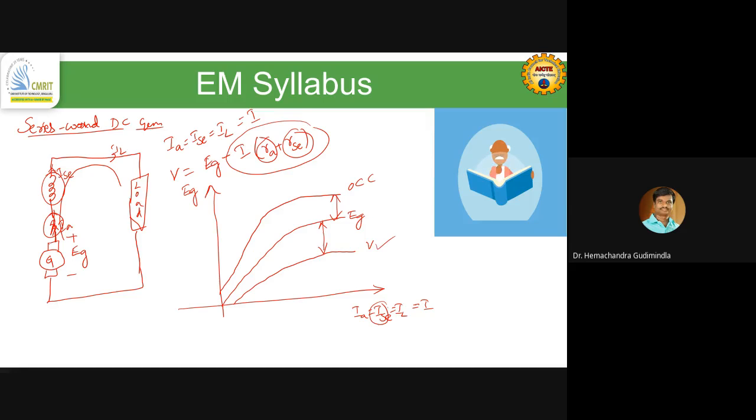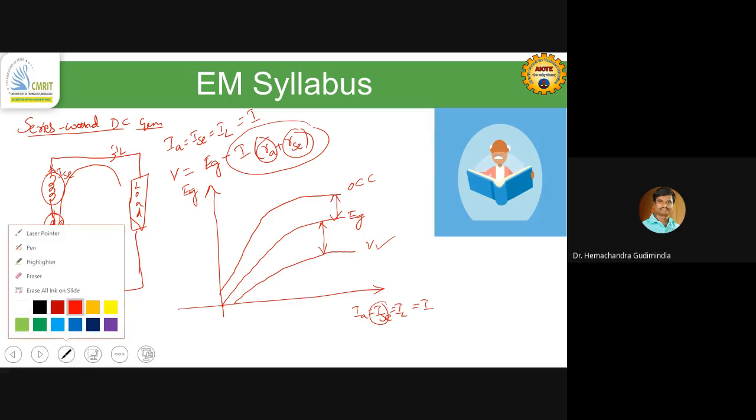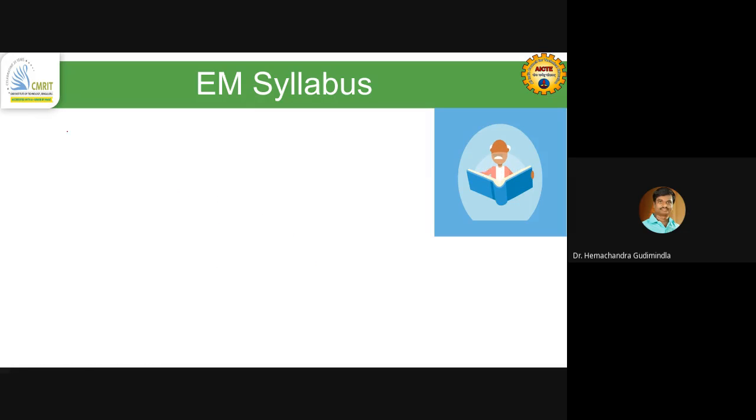Now shunt wound DC generator. Same as before, here it is the generator, armature current is IA.